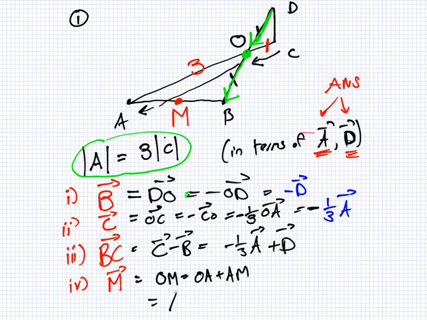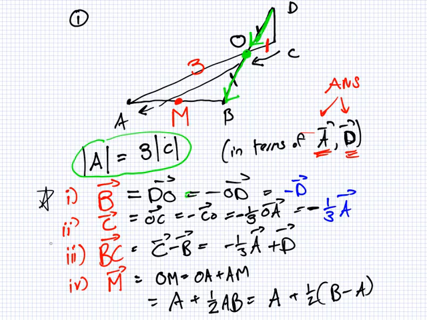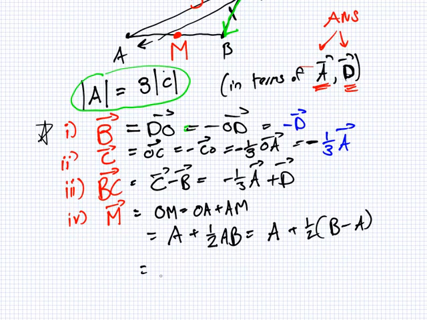OA is A, and AM is a half of AB. Do you know AB? You don't. Well, that's okay, because you can say it's a half of B minus A. And you know what B is from part 1? Minus D. So you can say that this is a half A plus a half B, so minus a half D.